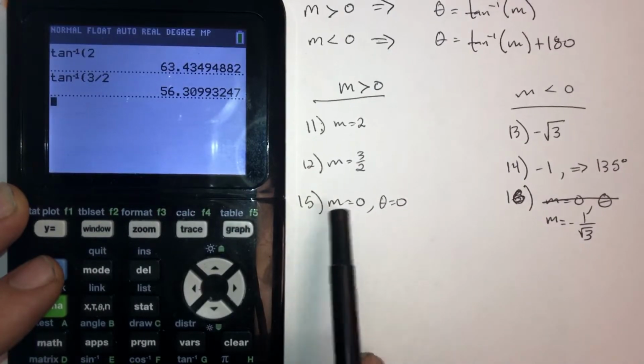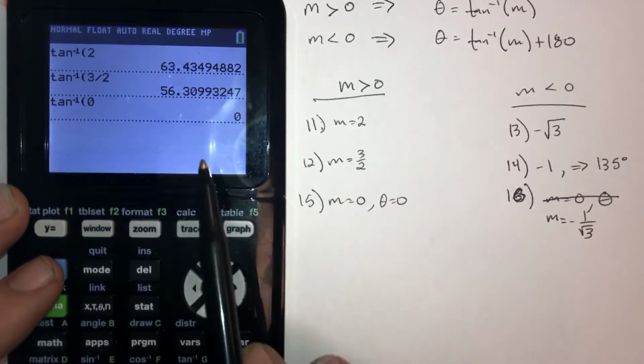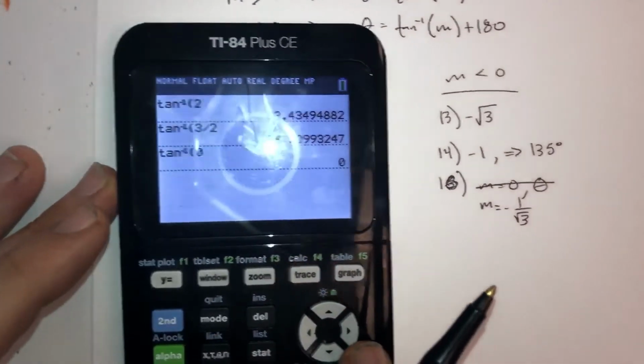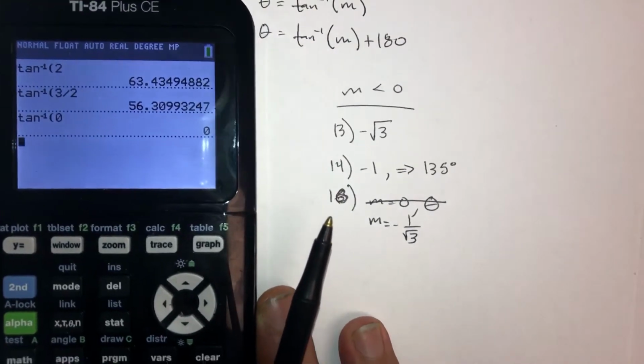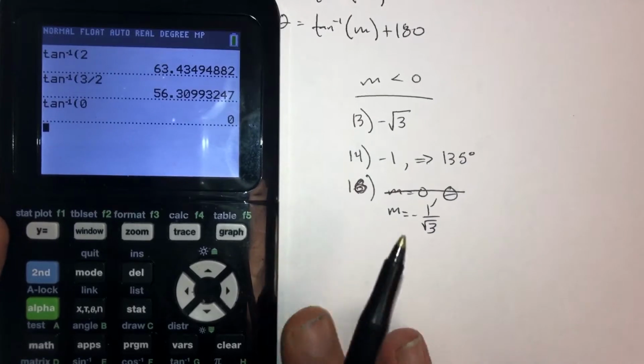And then lastly, that's a horizontal line, angle 0. It is 0 degrees from horizontal. It is already horizontal. And then if m is less than 0, our formula was theta equals tangent inverse of m plus 180.